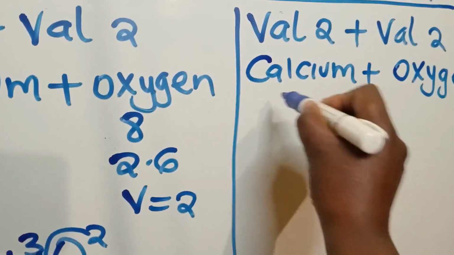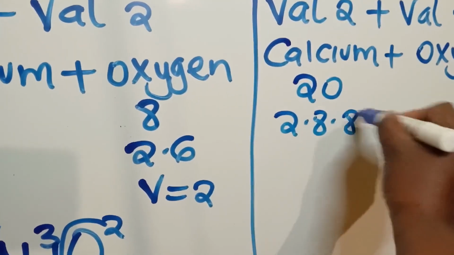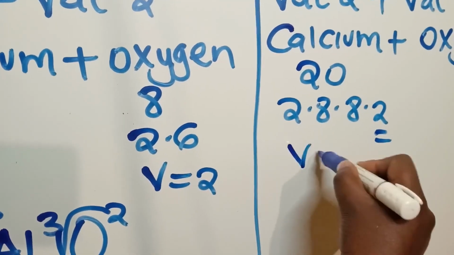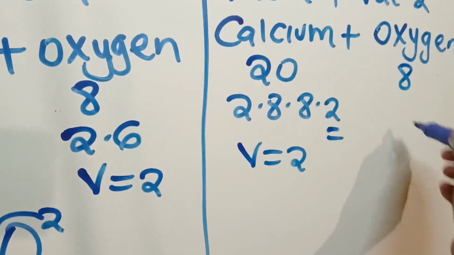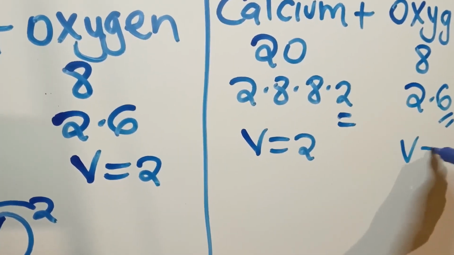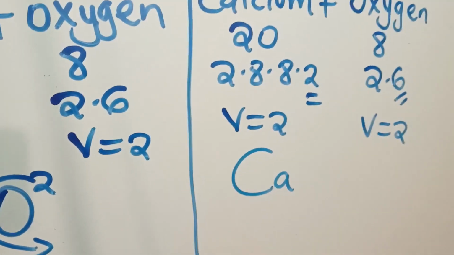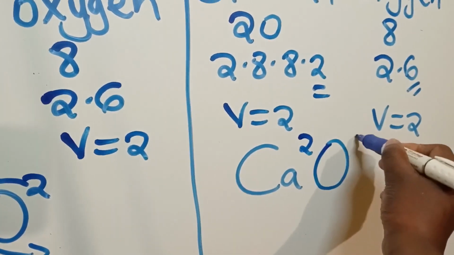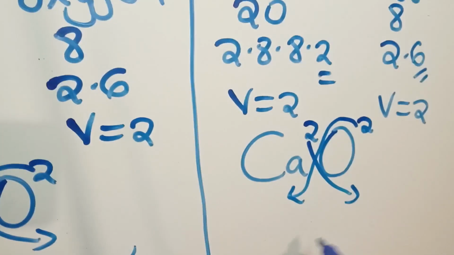So calcium is atomic number 20, 2.8.8.2. As a metal, it uses the 2, so it acquires valence 2. Oxygen, atomic number 8, 2.6, required to gain 2, so again it has valency of 2. We begin with calcium. We write the formula and the valency on top. Oxygen, we also write the valency on top, and then we have them exchanging.